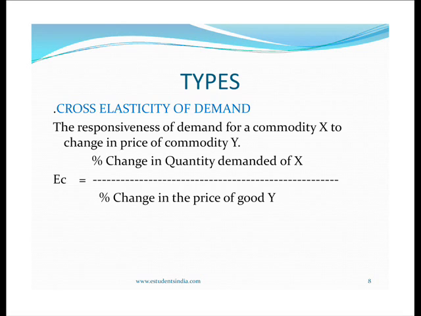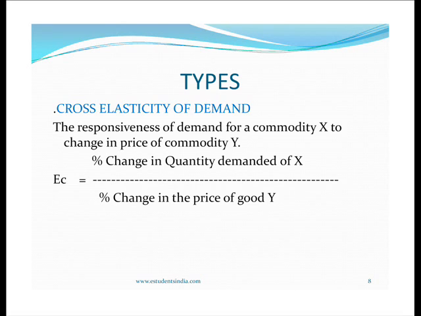like bread and butter. Substitute goods are competing goods and their cross elasticity of demand, what is it? Positive or negative? Their cross elasticity of demand is positive. Why? What is the reason?